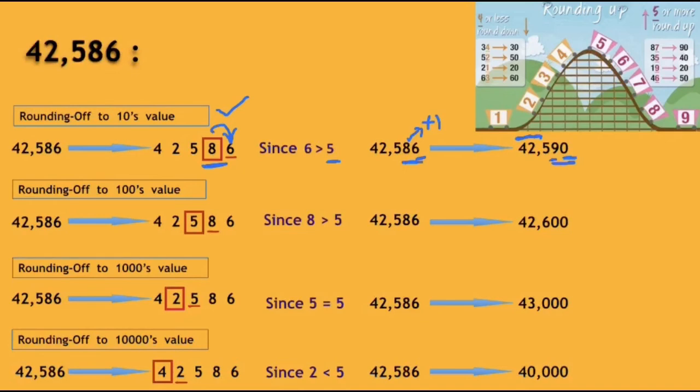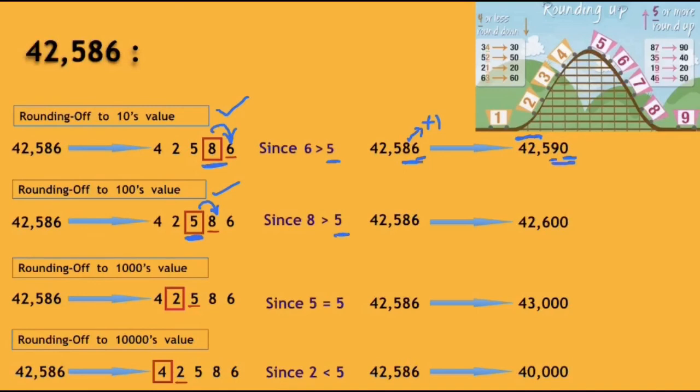So now 42,586 number is rounded to 42,590 in nearest tens value. Now rounding off the same number to the nearest hundreds value. Here identify the place which we have to round off. Check the immediate right side value.